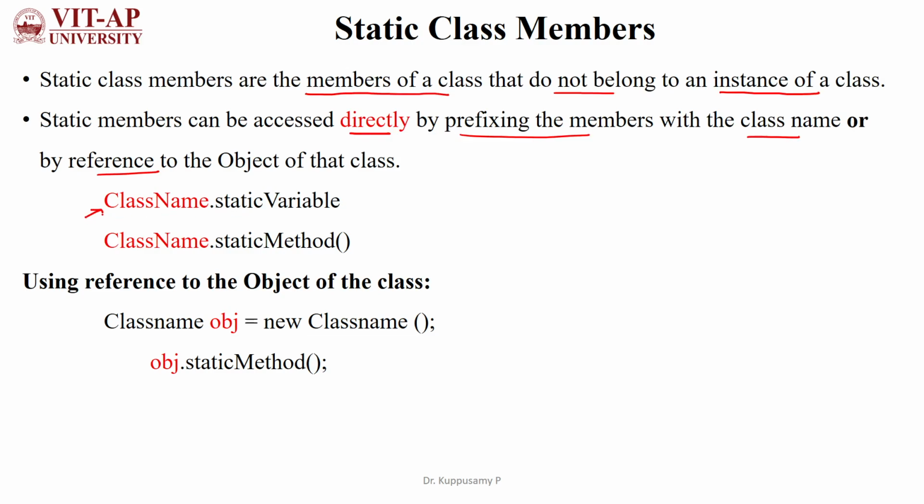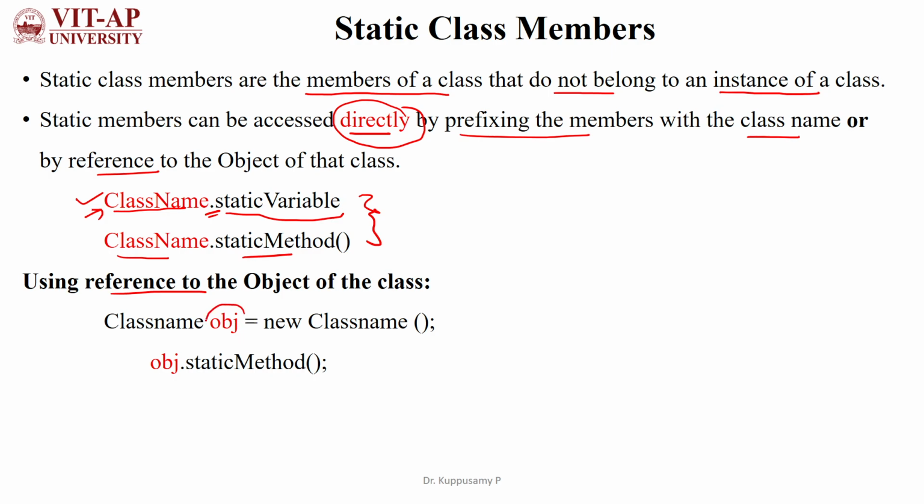The class name represents the static variable by using the dot operator, and class name dot static method. These are two approaches to access the static variable and static method: using the class name directly by prefixing the members, and another approach using reference to an object of the class.